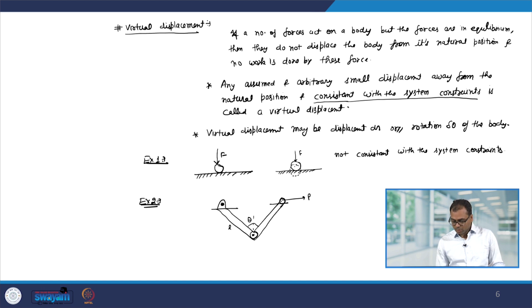So, this roller can move only in the horizontal direction. This point is fixed and the length of the bar will also be fixed. So, therefore, this is the example of a constrained motion.